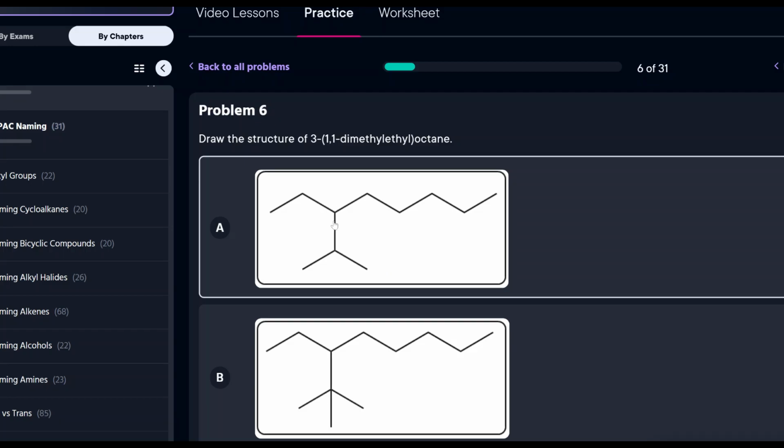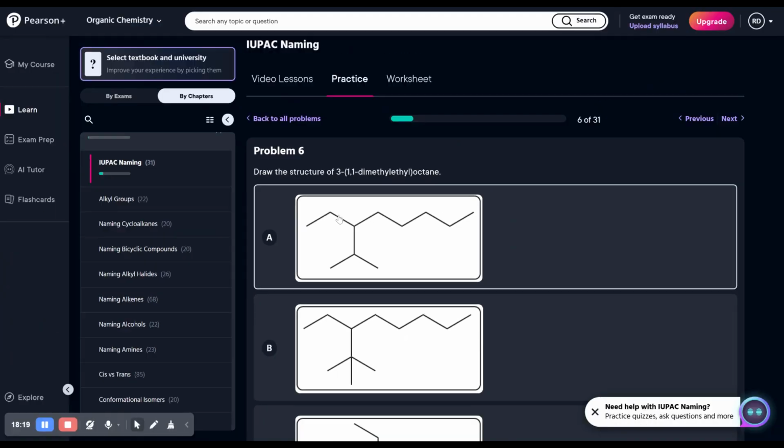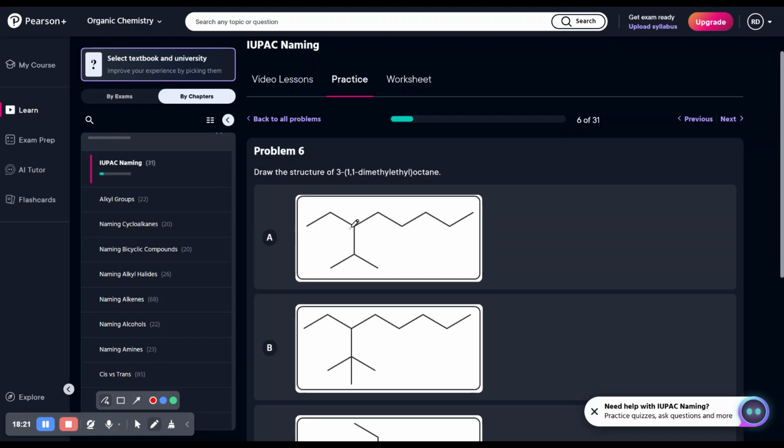For A, it is on the 3 carbon, but this is really a methyl ethyl. So this right here, it's like a backwards L, can be considered the ethyl, and this right here can be considered the methyl. So this is more like our problem earlier, which is a methyl ethyl rather than a dimethyl ethyl.